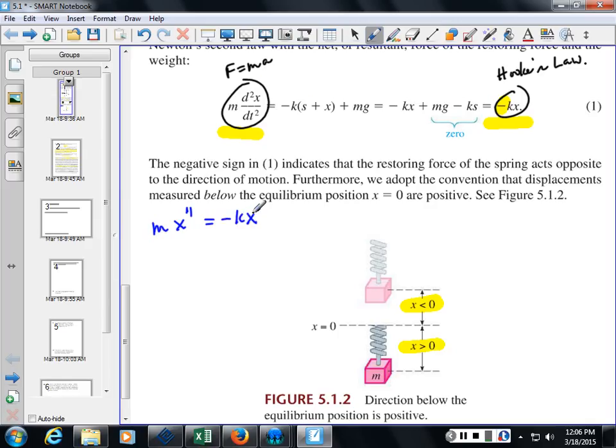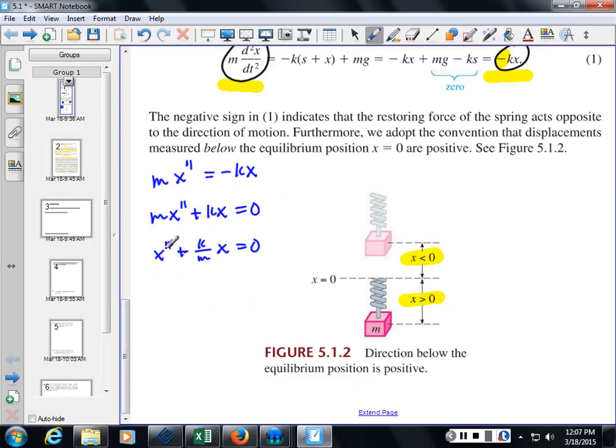If you add kx to both sides, you get m times x double prime plus kx equals 0. Dividing through by m, we get x double prime plus k over m times x equals 0. K is the constant of proportionality, m is the mass.